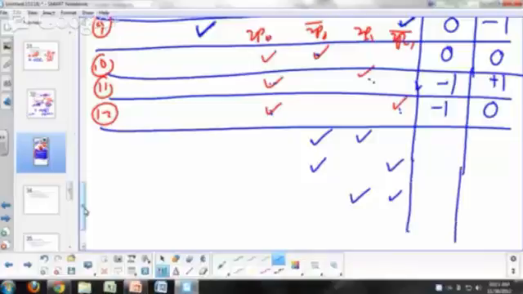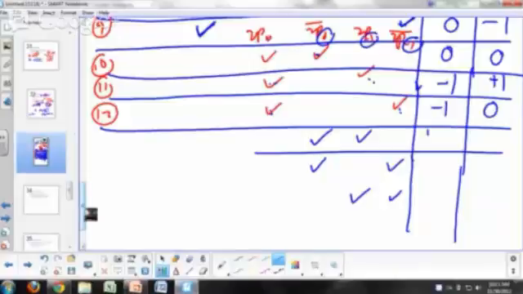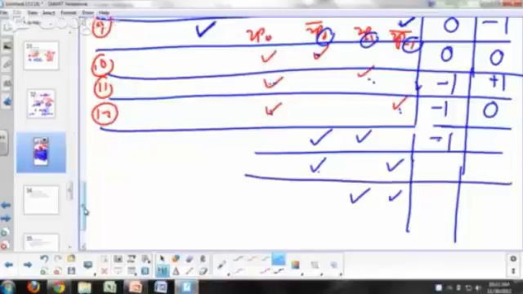What's our m sub L for this next one? 0 plus negative 1, negative 1. And then you have 0 plus negative 1. This is also -1. The last one is -1 plus -1 is -2.